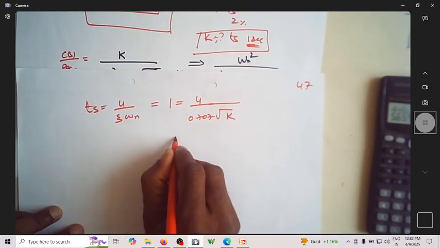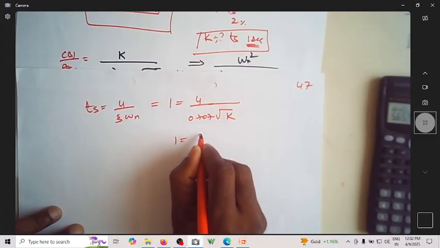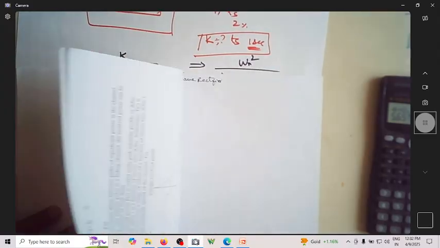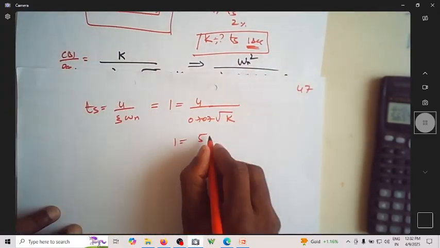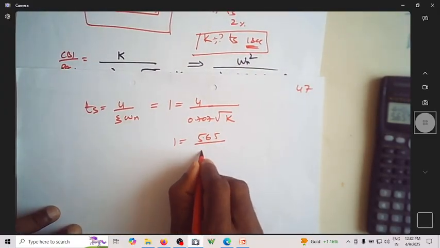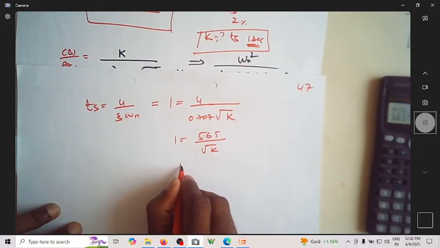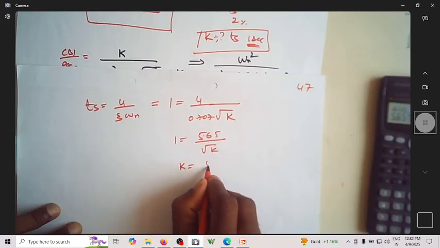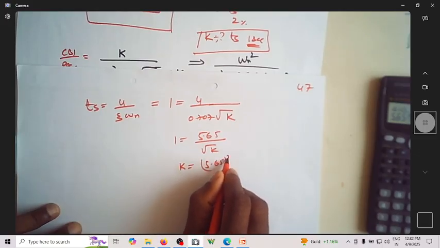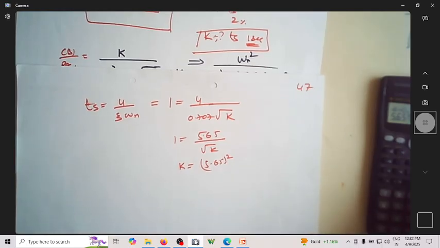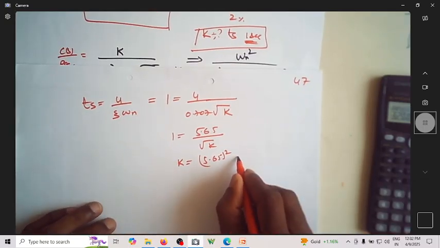So this is nothing but 1 is equal to 5.65 by root of K. So that now K is equal to 5.65 whole squared, which means 32.